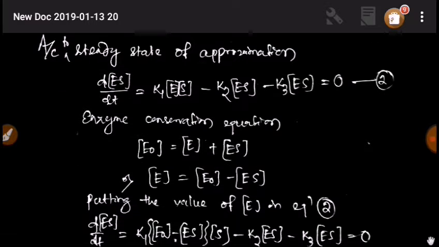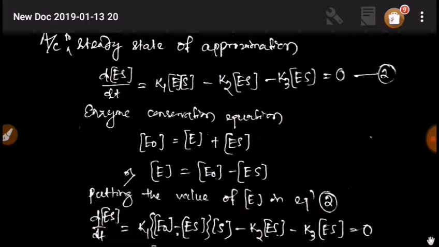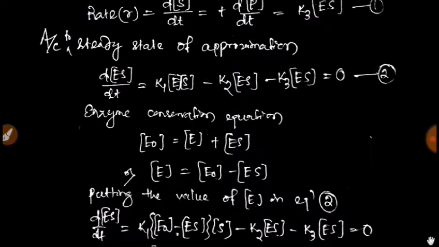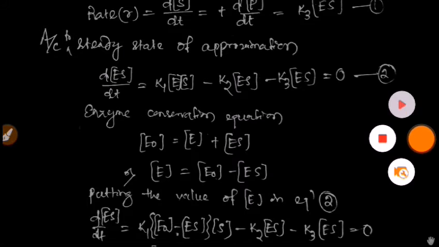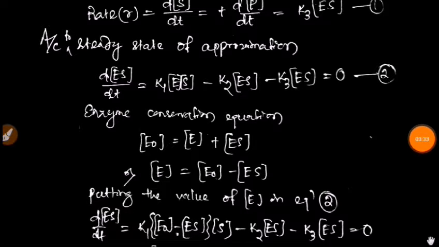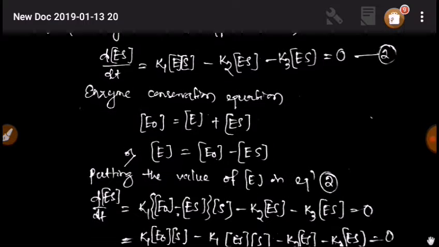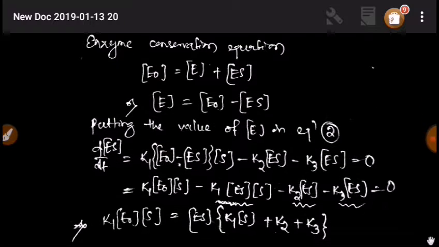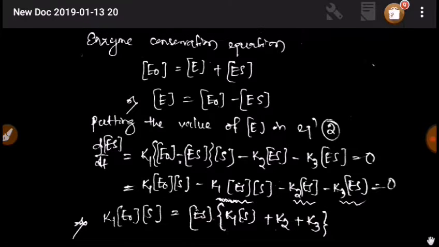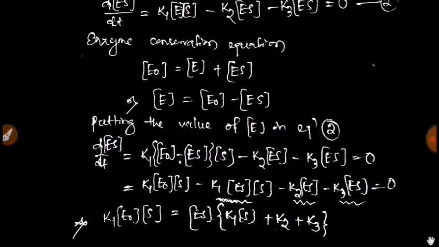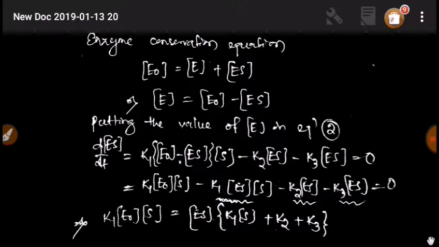Next, putting this E value in equation 2, then dES by dt will form and it becomes 0 as given in equation 2. So at last you can balance it. Next, in the above equation ES will get common and ES will become as in the structure.